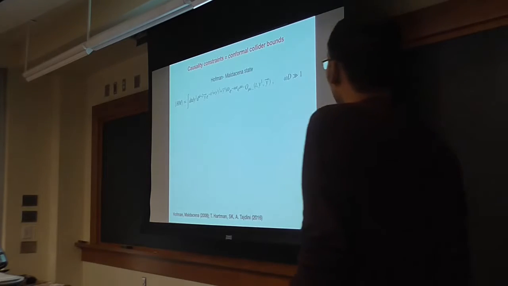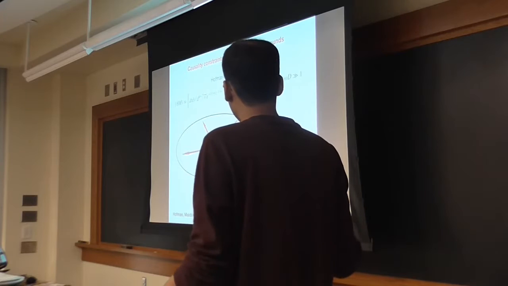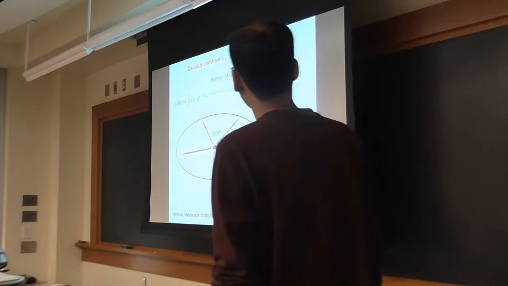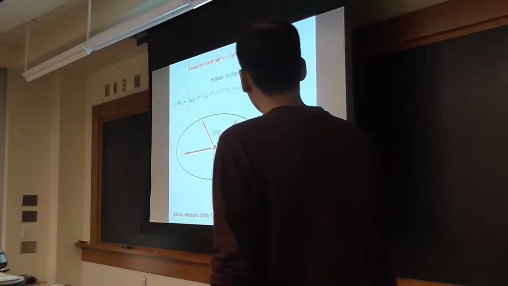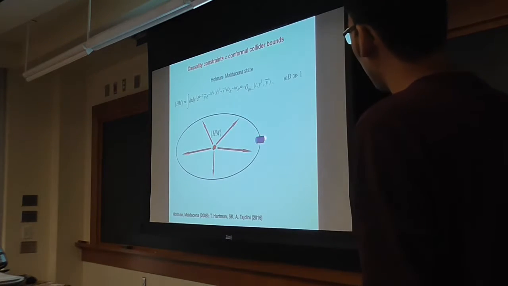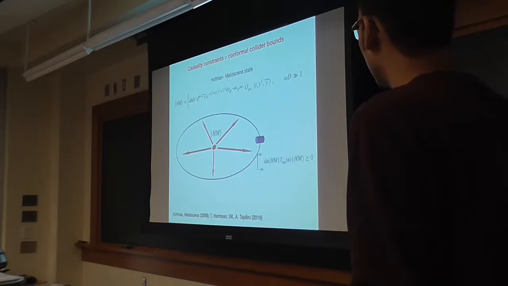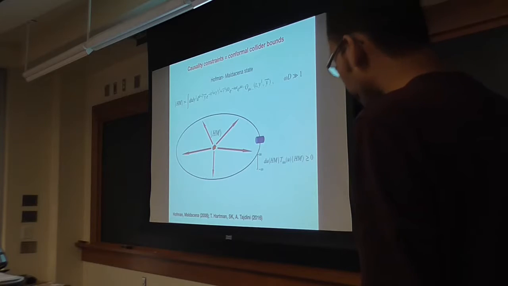In the conformal collider thought experiment, this is what you do. You start with a CFT, a generic CFT. You insert an operator at the center with a particular wave packet. This is just to localize the operator at the center, and you place a detector far away from the center, and you measure the expectation value of the average null energy operator in this particular state.